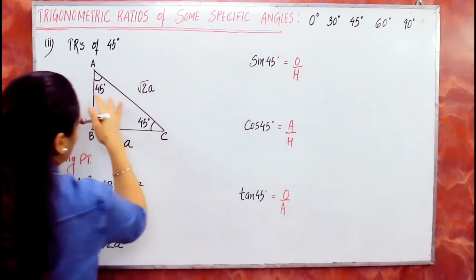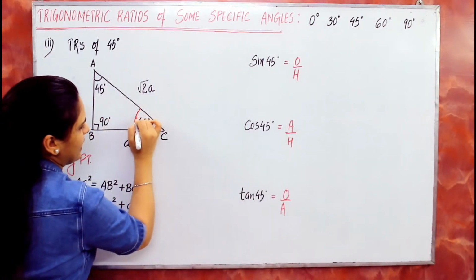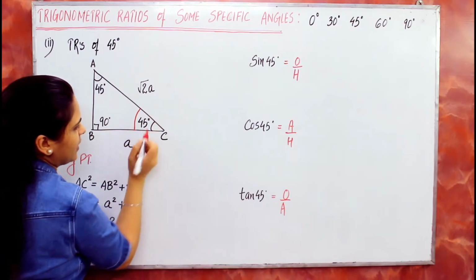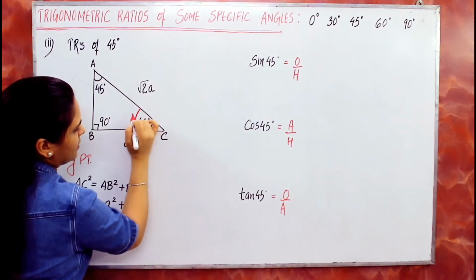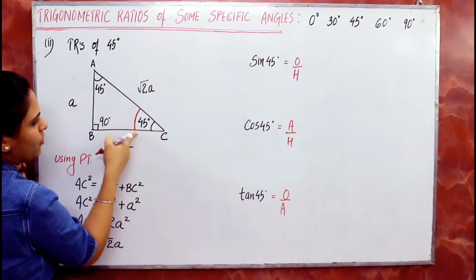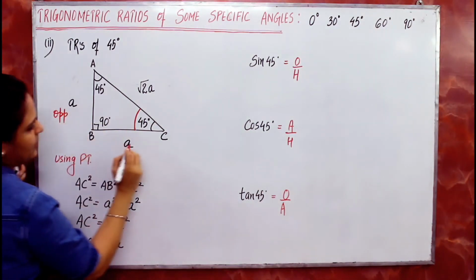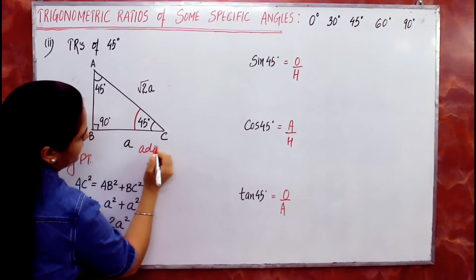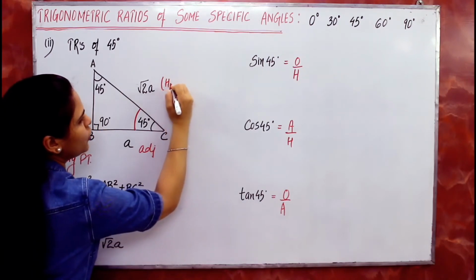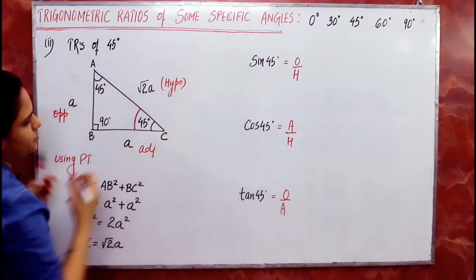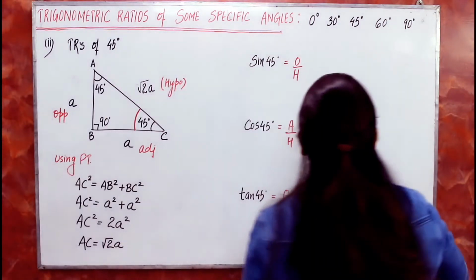Now, both angles are 45 degrees. You can take any angle as theta. Let's say we are taking this angle as theta. So the side opposite to this will be your opposite side and this will be your adjacent side, whereas the hypotenuse is root 2 a. Let's substitute all the values.